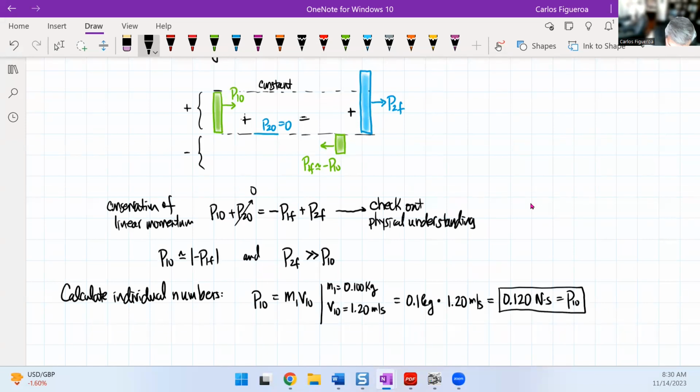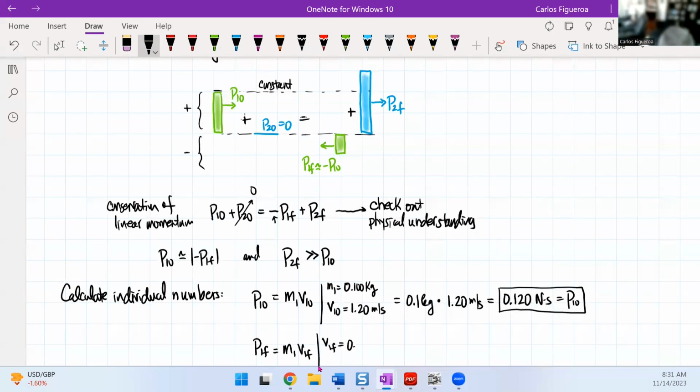Now let's calculate P1 final. Now P1 final is going to have a negative number. And you can see there's my negative number right there in the conservation of momentum because it was going to the left. So here's what the data tells us: P1 is M1 V1 final. Again, we know what the mass is, but what is the speed? Note, I'm not writing down the sign.